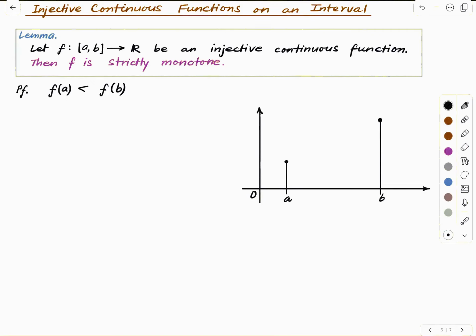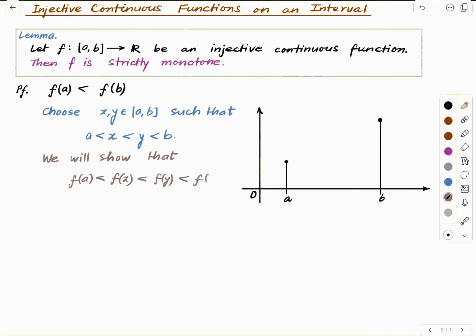Okay, and we claim that if we choose 2 points in A and B, we will show that, and once we do this, we will have proven strict increasingness of the function f. Okay, so let's say x is somewhere here and y is somewhere there.